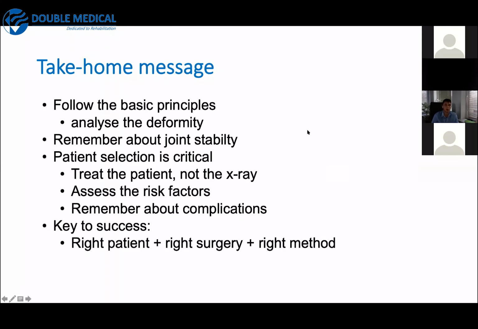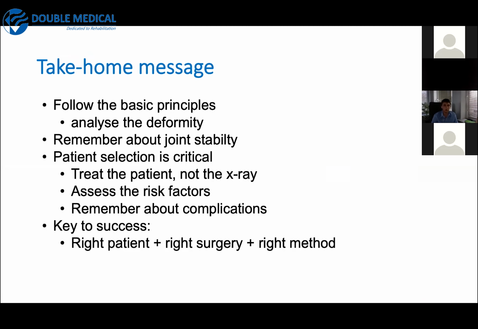So the take-home messages are: we need to always follow the basic principles. We always need to analyze the deformity. We need to remember about joint stability. Patient selection is critical in this type of surgery. We need to treat the patient, not the X-ray.